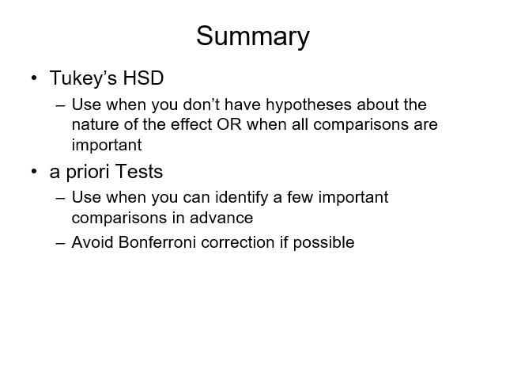Or if we're very concerned about accidentally claiming an effect is there when it isn't, we might move up to a more rigorous test. And again, we're going to use the a priori test, a series of paired t-tests adjusted for alpha by a Bonferroni correction or another correction technique. We're going to use that when we can identify a few important comparisons in advance.